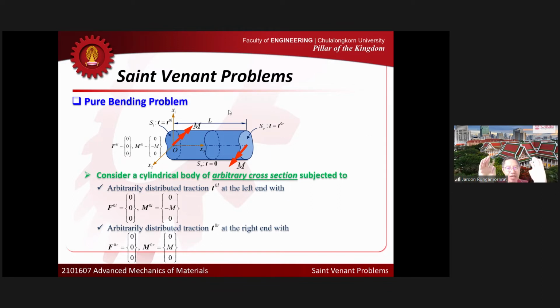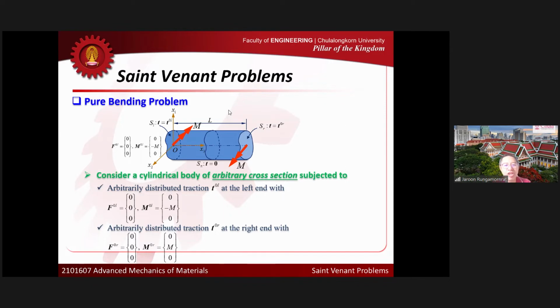If I don't look at the way that the traction is distributed at any point, we look in terms of the net force and moment. So this is the one that I apply. At the left end, I apply the bending moment about the negative x2 direction, and at the right end, I apply the same value of bending moment, but in the opposite direction.